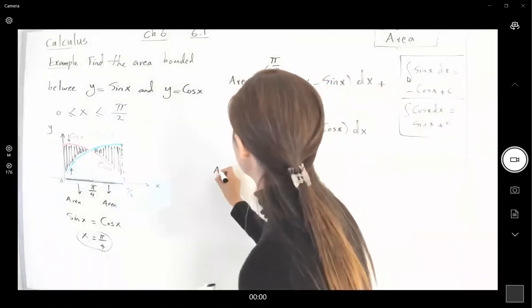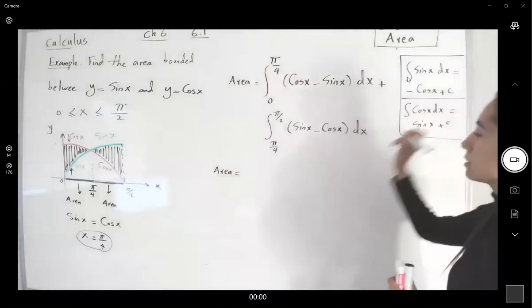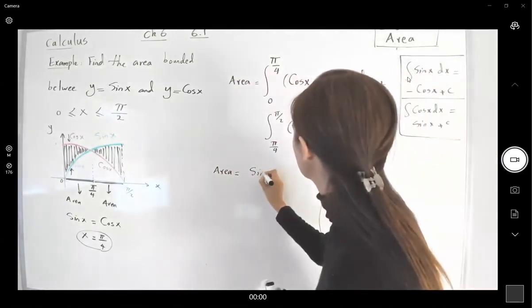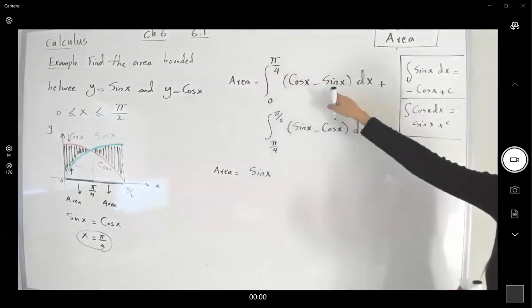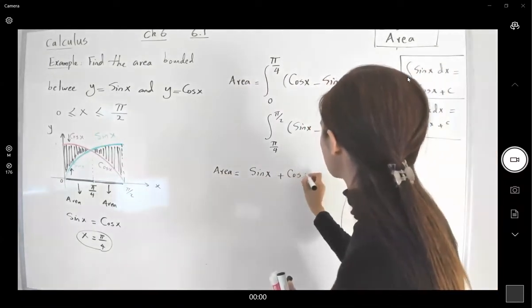So the area is equal to the integral of cosine, which is sine x, and the negative sign is going to be cosine, plus cosine x.